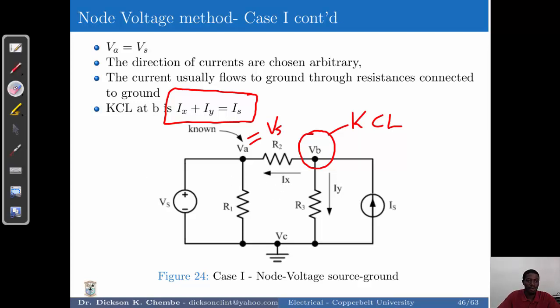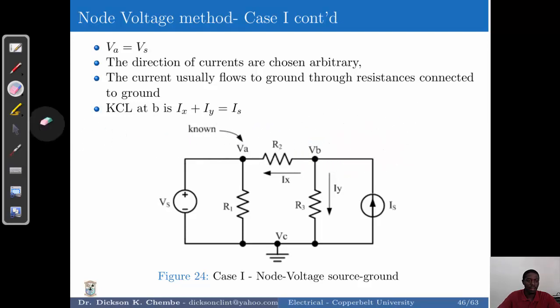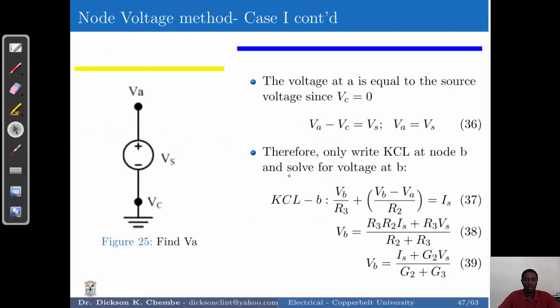To elaborate this case more, we show you this short way of understanding it. You're looking at the potential difference between node A and node C, which we know node C is at 0 volts.